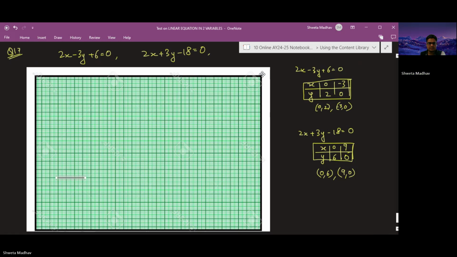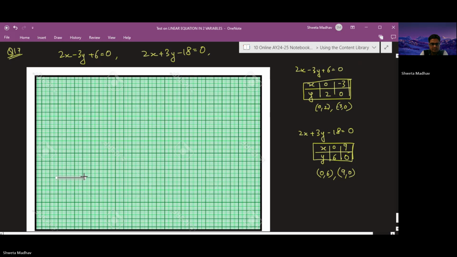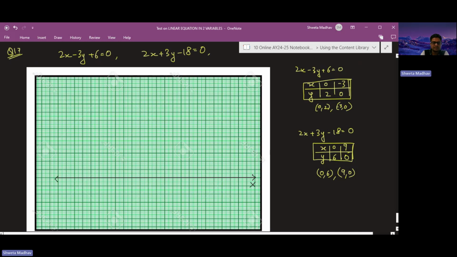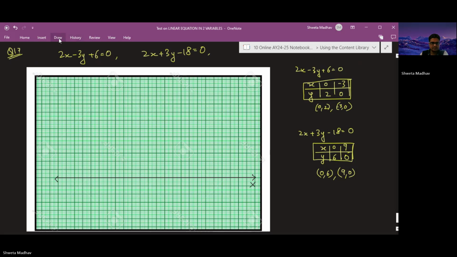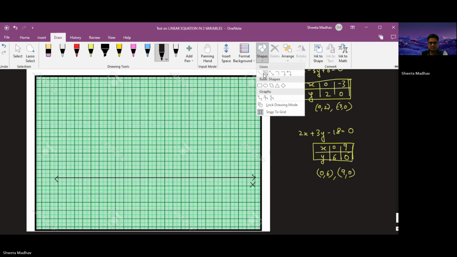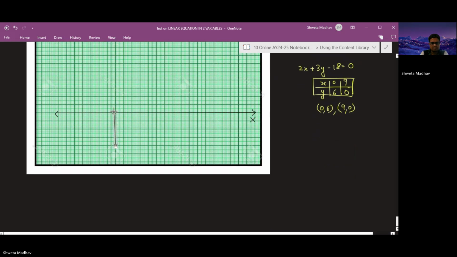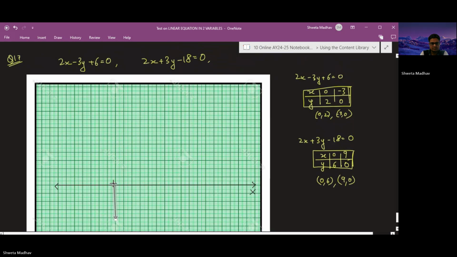Let us take this as our x-axis, so this is X O X dash, and let's say this is our y-axis.